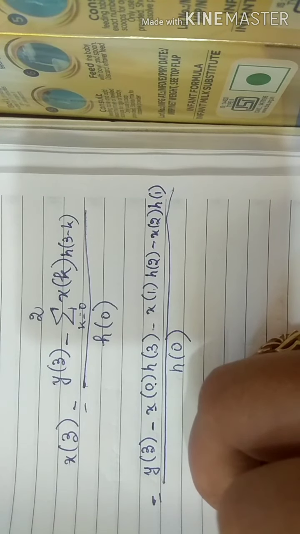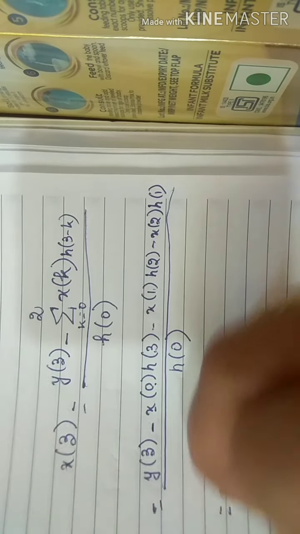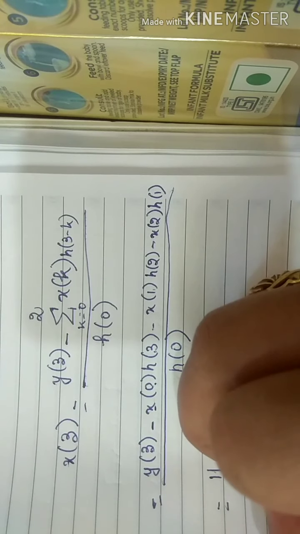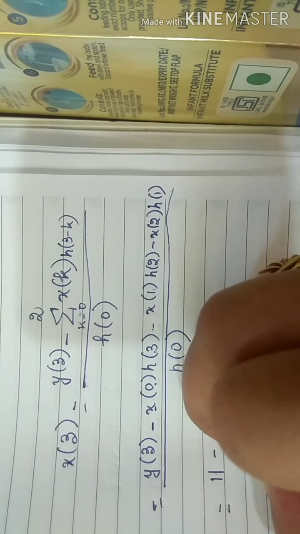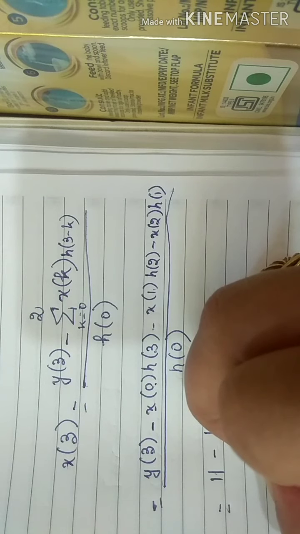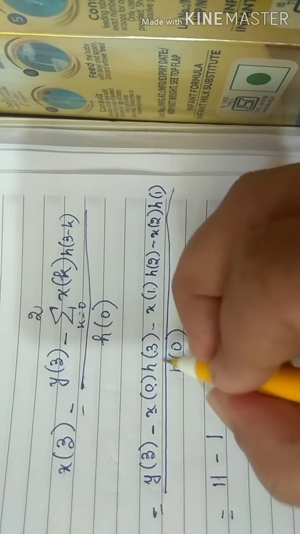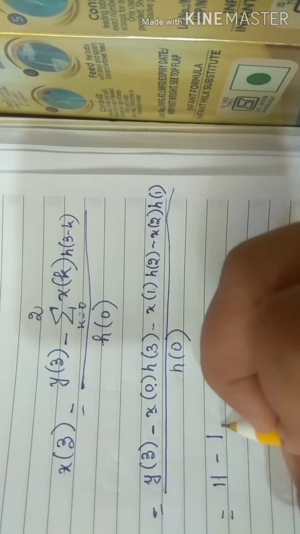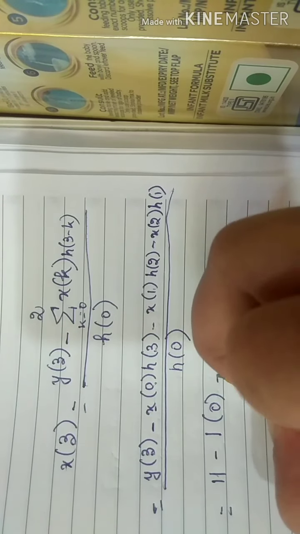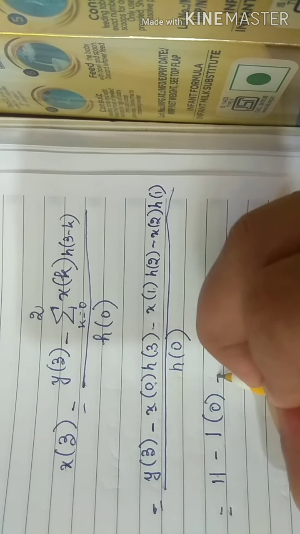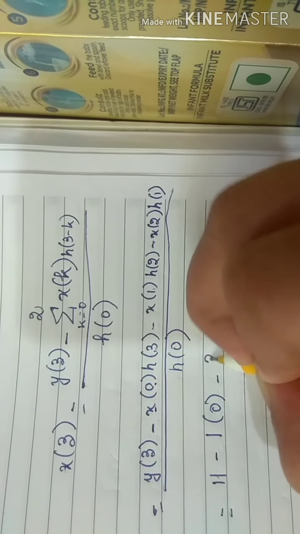So y[3] we will get from the output sequence. The value is 11. X[0] is equal to 1. H[3]: because the impulse sequence consists of only 3 samples, 1, 2 and 1 at the 0th, 1st and 2nd instants, the value of h[3] will be equal to 0. Then x[1] is 3.